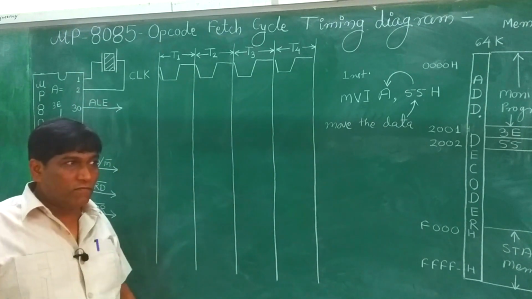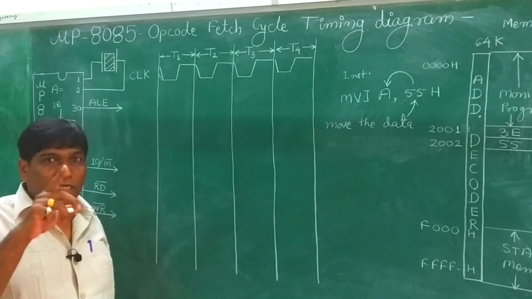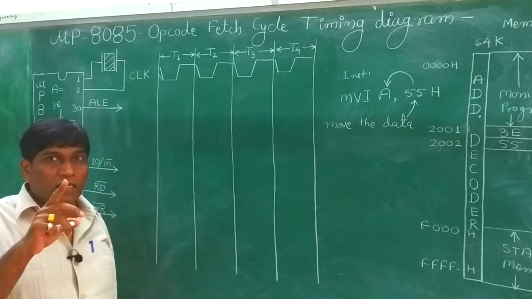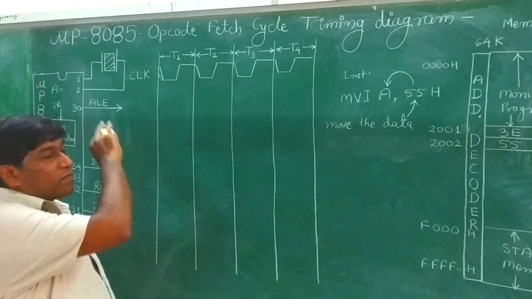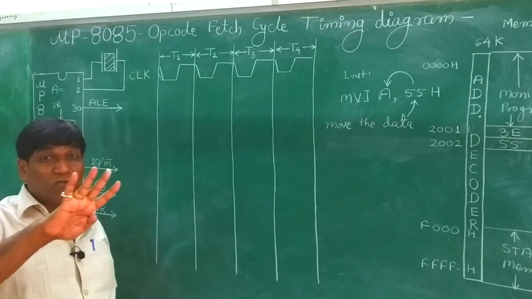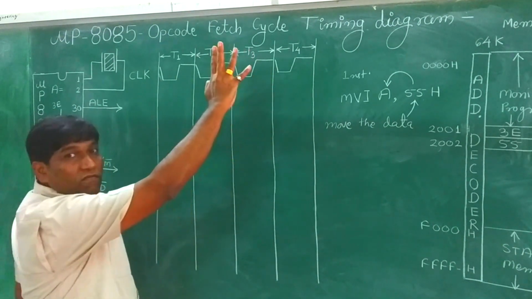As we have already seen, for memory read and write, and for IO read and IO write, the T states required are only 3. But here, for the opcode fetch cycle, 4 T states are required: 1, 2, 3, 4.